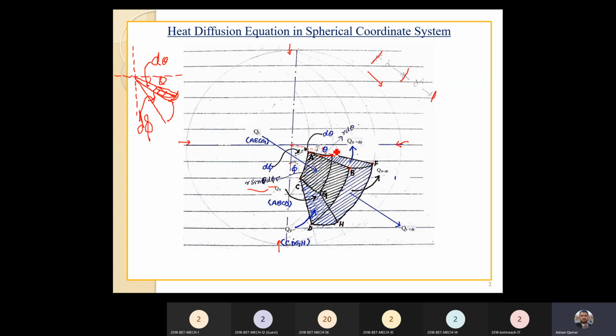Okay. This line is represented by R sine theta d phi. This is angle d phi.